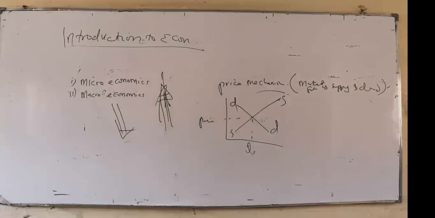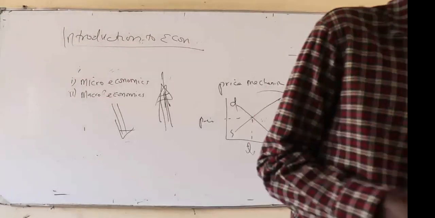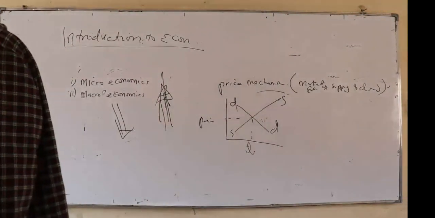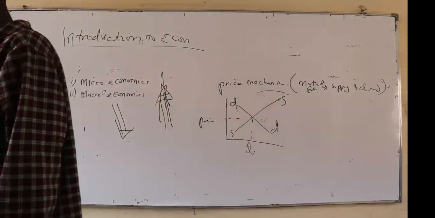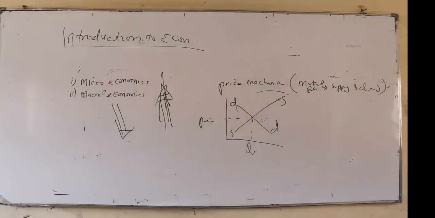Number two, there is matching of demand and supply. And this implies that production takes place in response to demand.